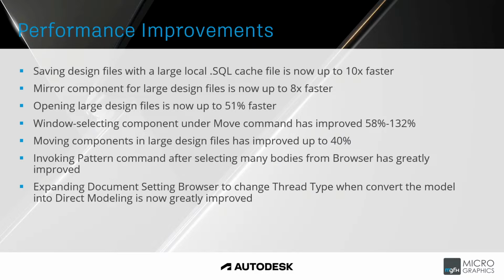Once again, moving components vastly improved there on the speed. Also invoking pattern commands after selecting many bodies, improvements there, and improvements on expanding the document settings browser to change the thread type when converting into direct model. So a couple of areas of improvement, claiming quite large improvements, 50% and more in some cases, 8 times faster in other cases, which is quite a lot.